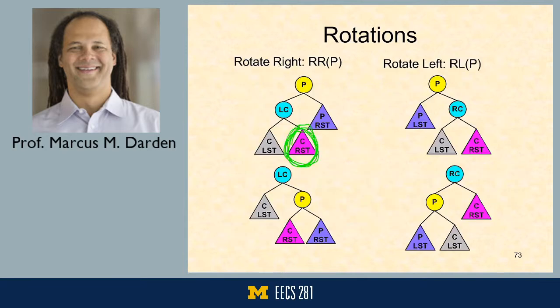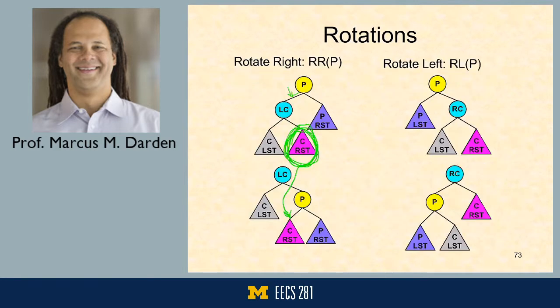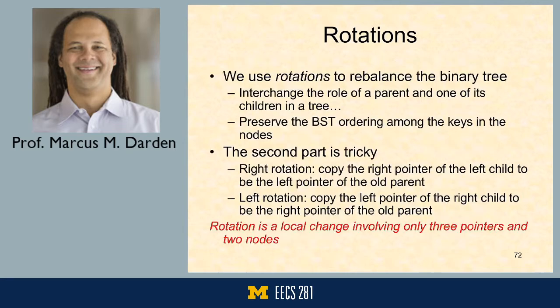So this thing is going to be sticking out of here when we get done, because this is the left child of the old parent. And you can see here that that's exactly where it is. So the right pointer of the left child has become the left pointer of the old parent, right? And then the reverse of that is true when I look at my left rotation.